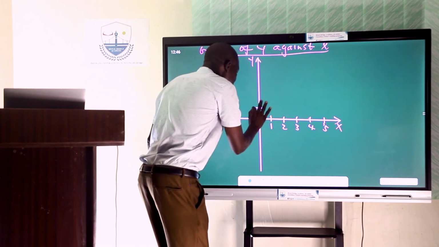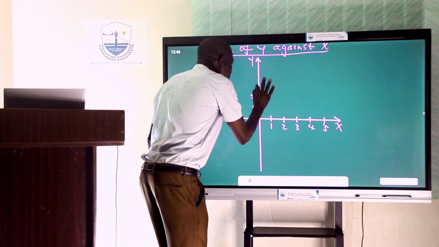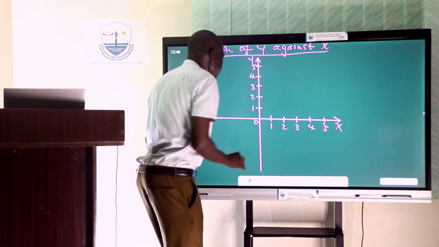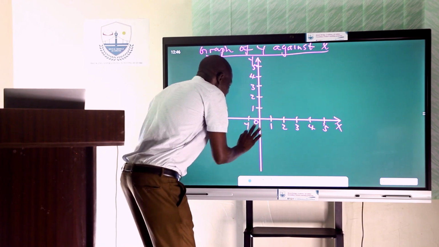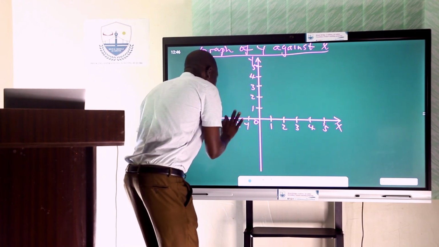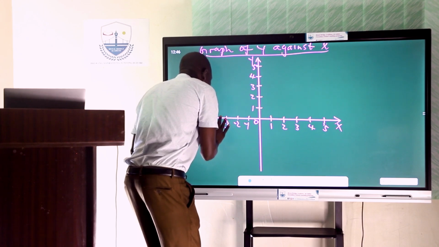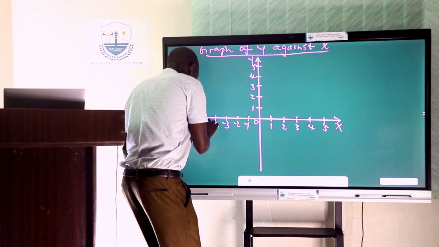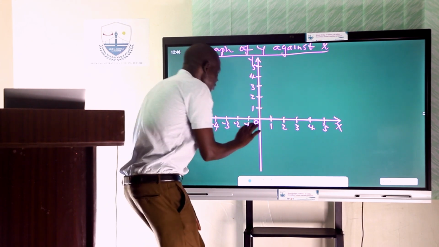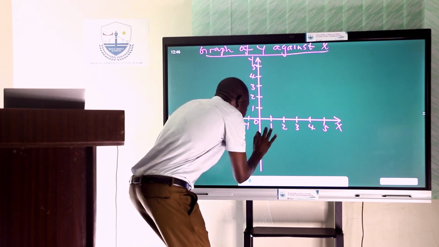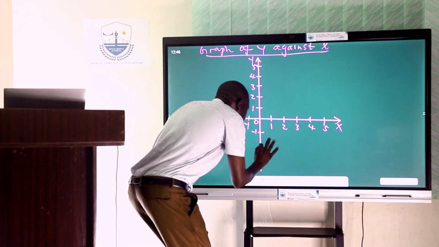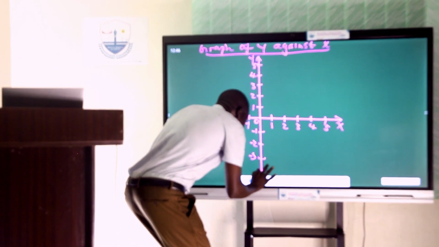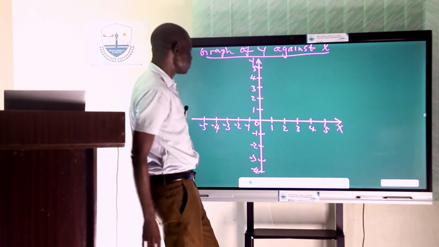Here we have 1, 2, 3, 4, 5. Then negative 1, negative 2, negative 3, negative 4, negative 5. Horizontally, below 0 we have negative 1, negative 2, negative 3, negative 4, and so on.